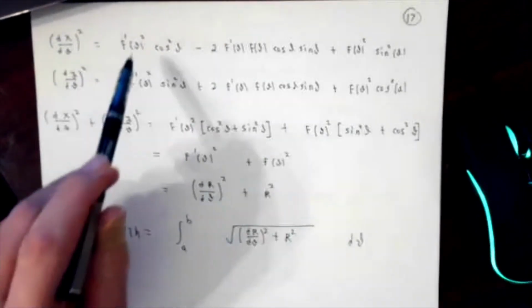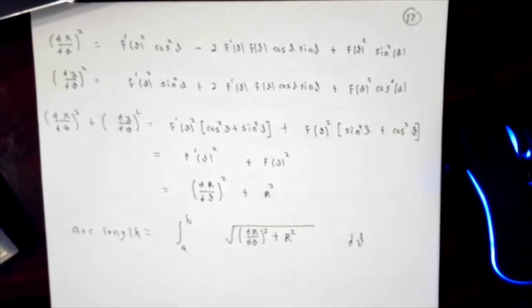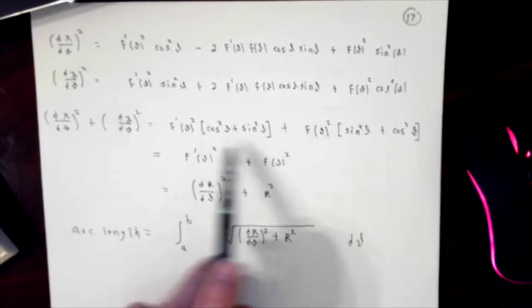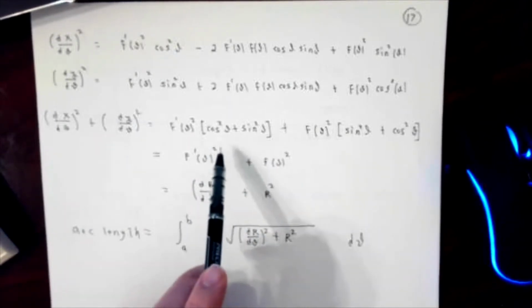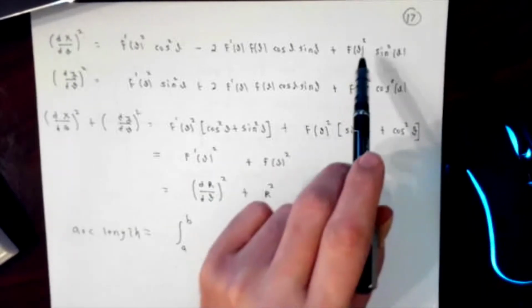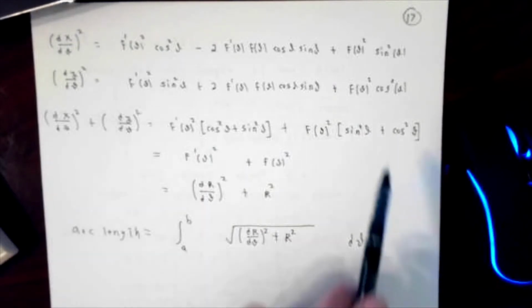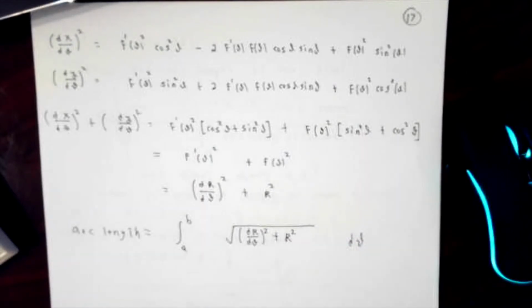Even better, there's a factor of f prime of theta squared in each term. So factor it out, and we're happy to see what's left. When I add these two terms together and factor out f prime of theta squared, I get my sine squared plus cosine squared back again, which is 1.